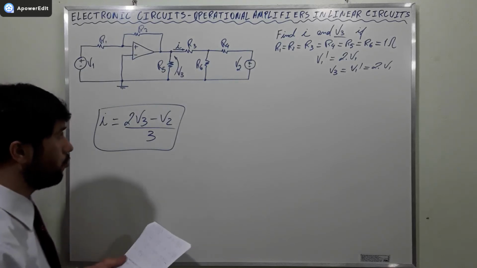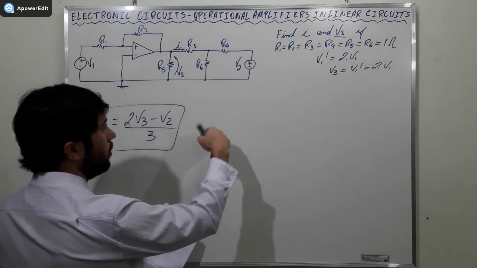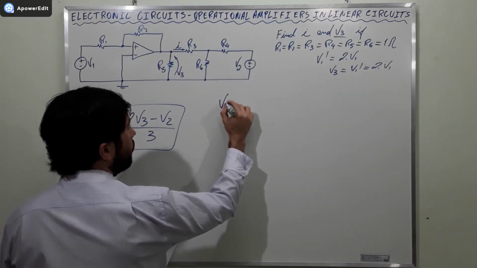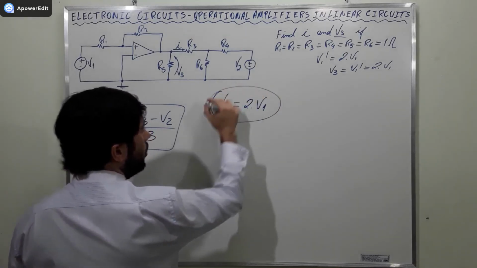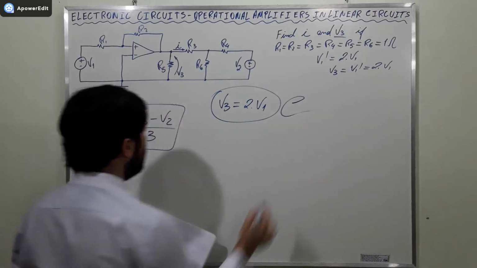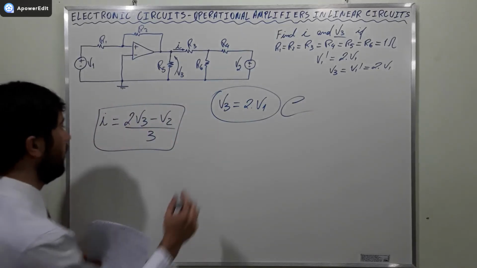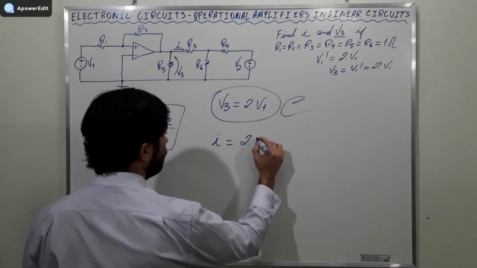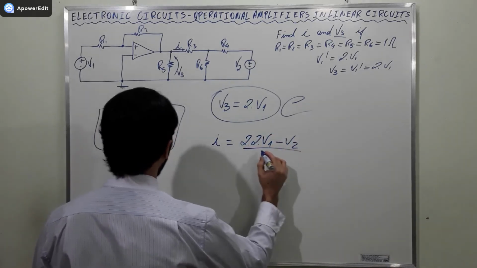What we need to do is to simply use these other details here. For example, we found already that V3 is equal to 2 times V1. We already know this, and then what we need to do is to put this here. So I is going to be equal to 2 times V1 minus V2 divided by 3.